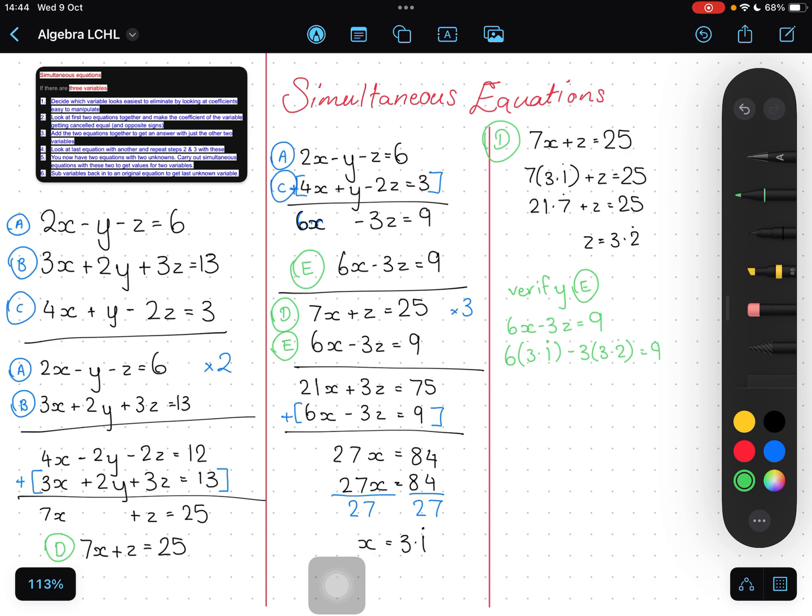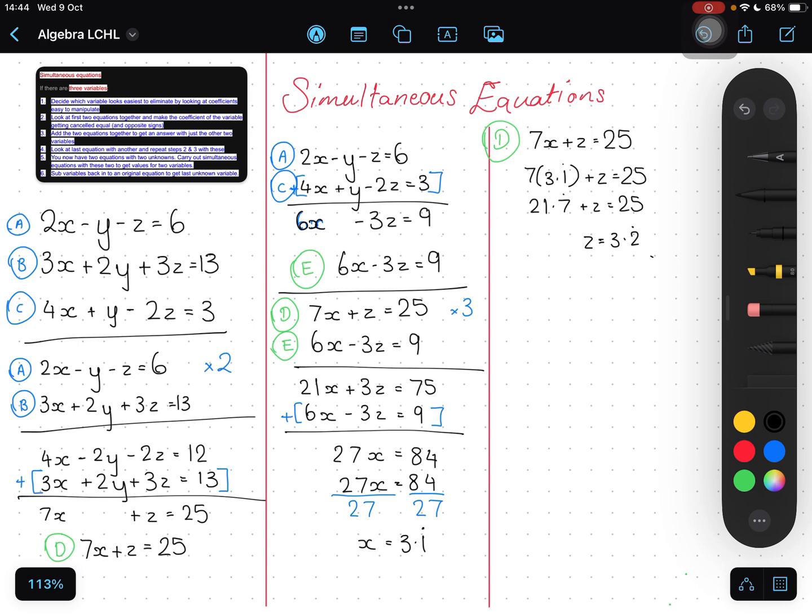So let's see. 6 by 3.1 recurring, minus 3 times 3.2 recurring. We get 9. Great. So 9 is 9. That would be verified if it was simultaneous equations with two variables. It's given me a little bit more confidence. It doesn't mean I definitely have gotten it completely correct, just that it's given me a little bit more confidence to keep going.